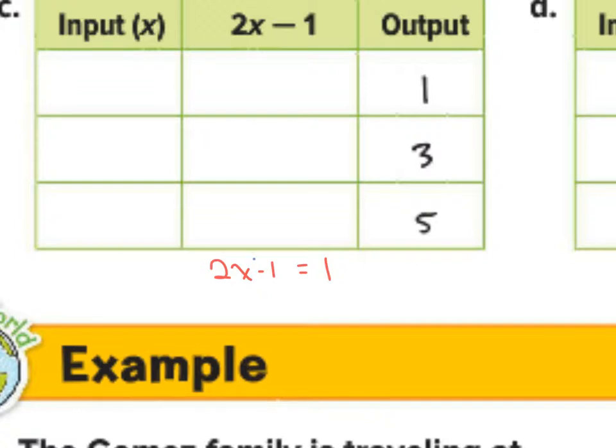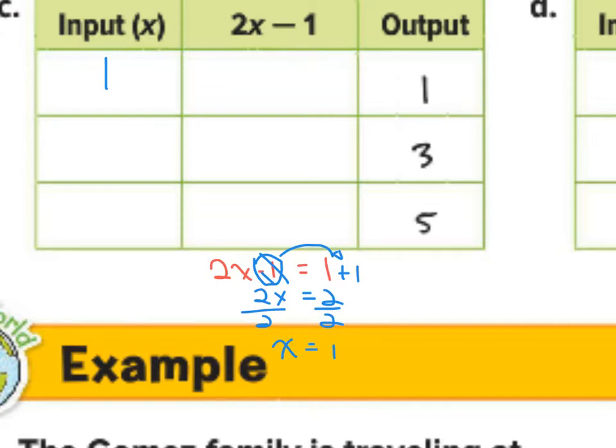We can isolate by inverting, or you can also use the addition property of equality. We add the 1 here, and it makes 2. Then we just have 2x left, and we divide both sides by 2, division property of equality, and x is 1. So x would be 1, right there.